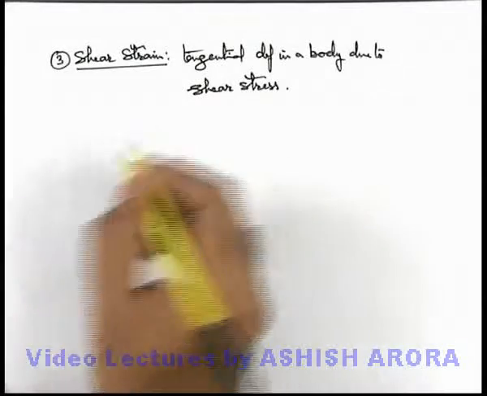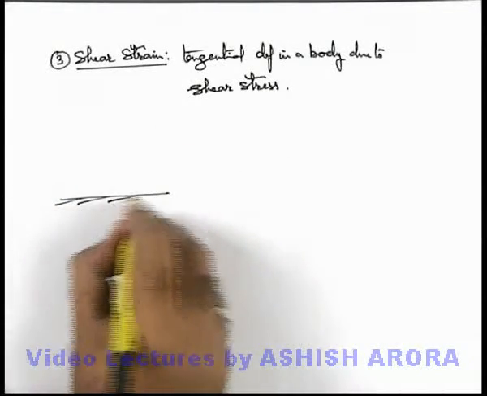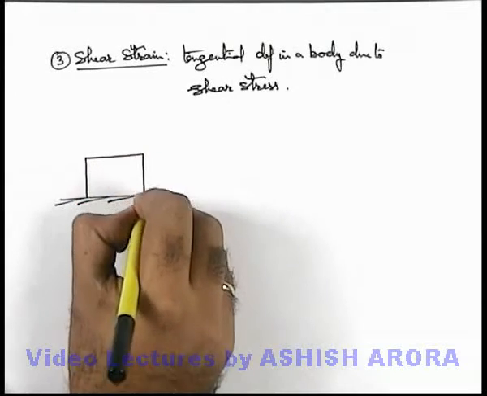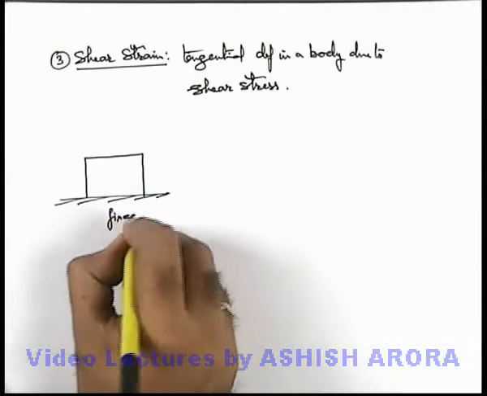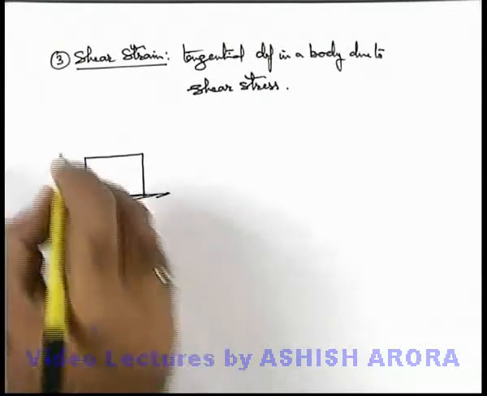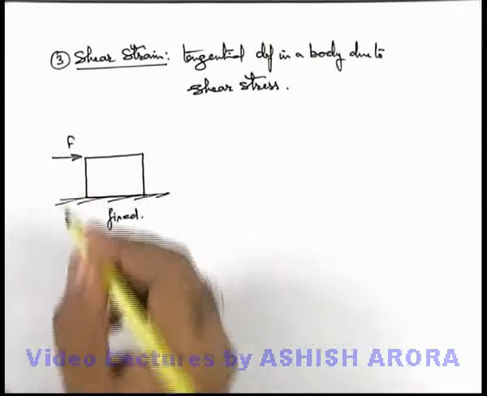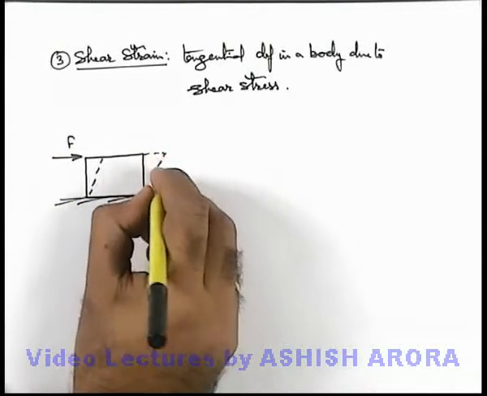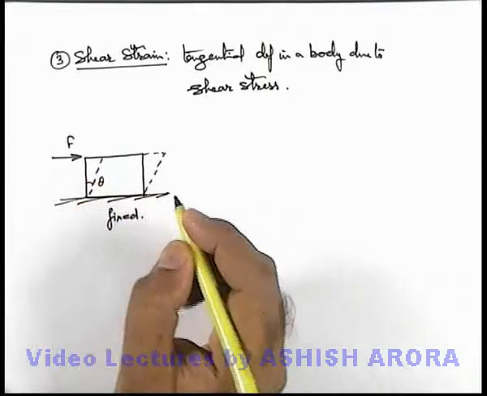So I just take up the similar case which we have analyzed in understanding of shear stress. Say if there is a body which is fixed at its bottommost point and a tangential force F is applied onto it, the body will get deformed slightly in tangential direction, say by an angle theta.